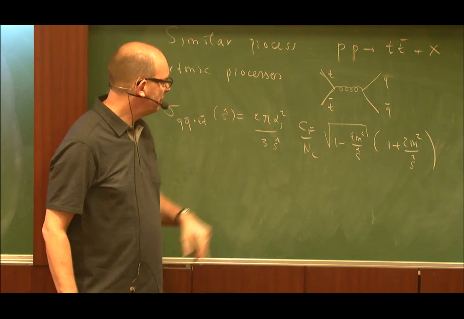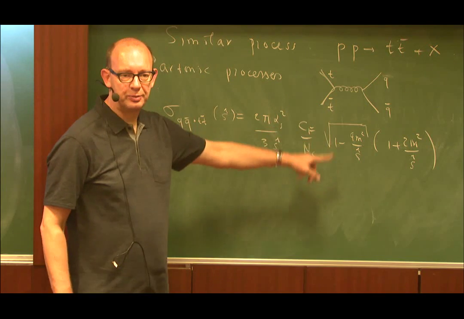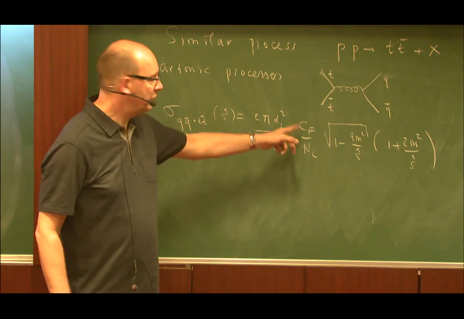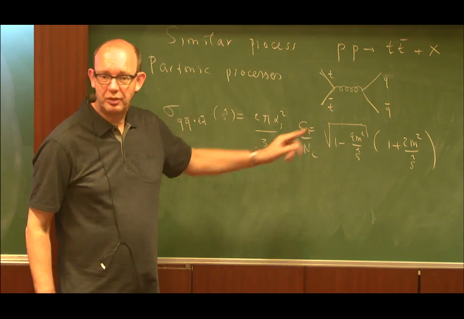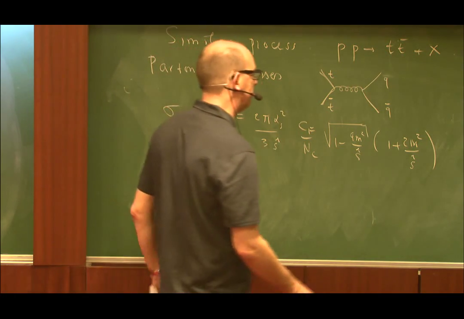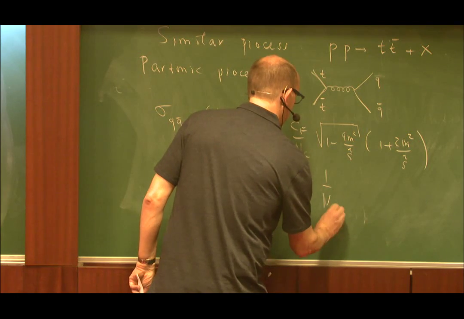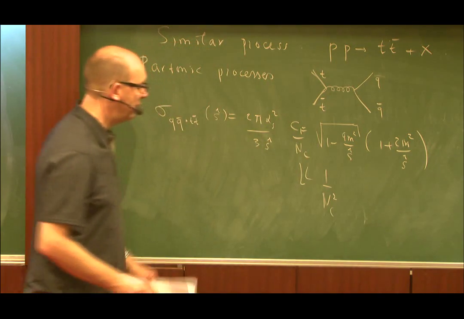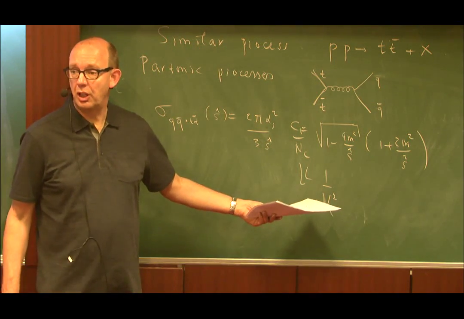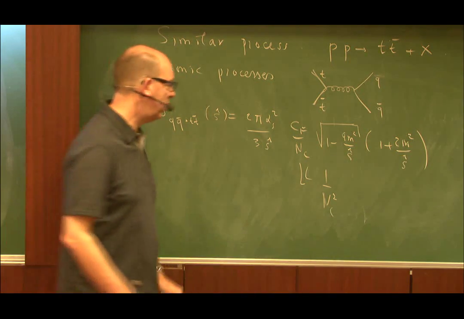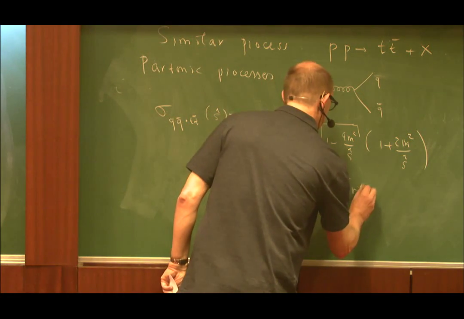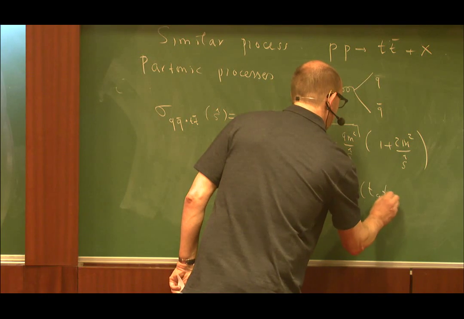The final thing to discuss perhaps is this color factor. You have maybe seen CF, maybe some of you have. What it is: 1 over NC squared, that's from the average over the two incoming partons, the average over the colors, times the trace over TA and TB.